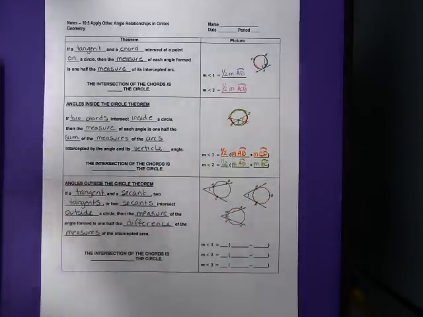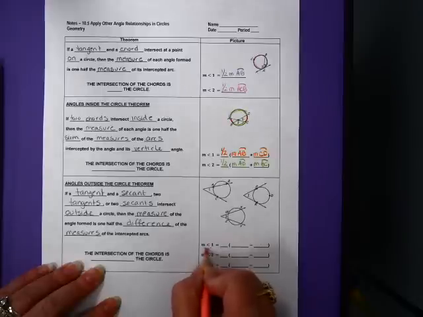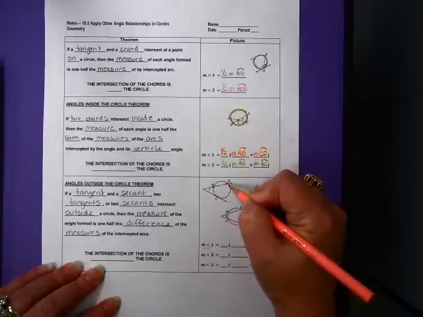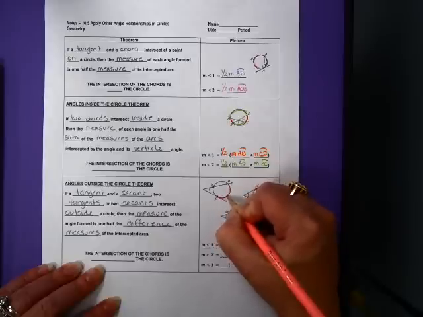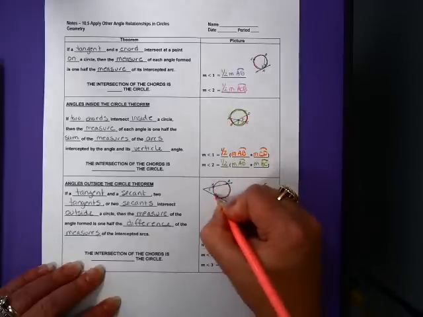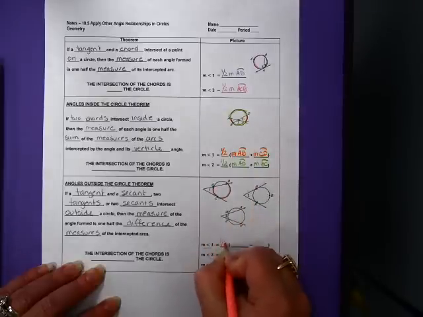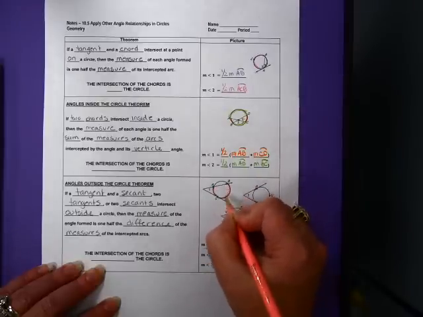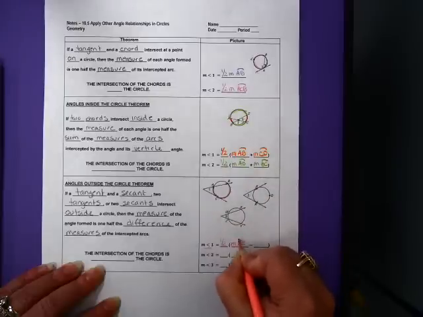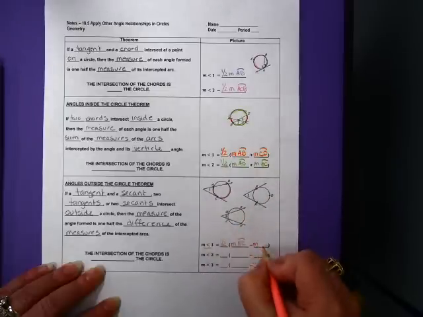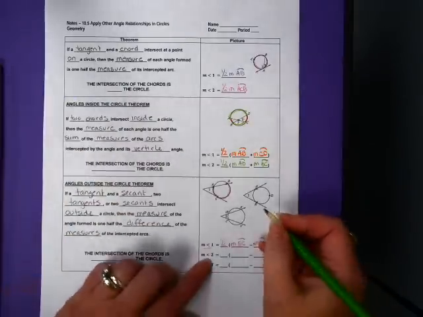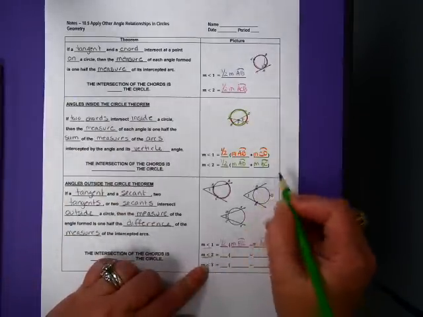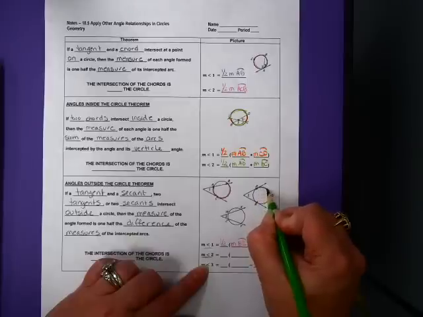Here, angle 1, we're going to take this large arc here, we just take the large one, and we're going to subtract off the small one. So it's going to equal 1/2 the measure of BC minus the measure of AC. Alright, then the next one, 2, that's going to be PQA.